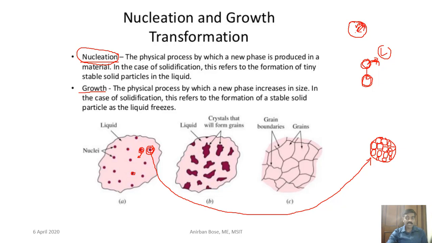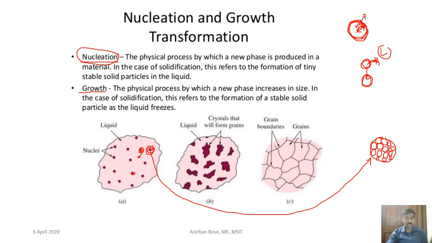But after reaching a critical size of the particle, definitely it will grow. So when it reaches that critical size, it is called a nucleus. That means the nucleation has been completed.